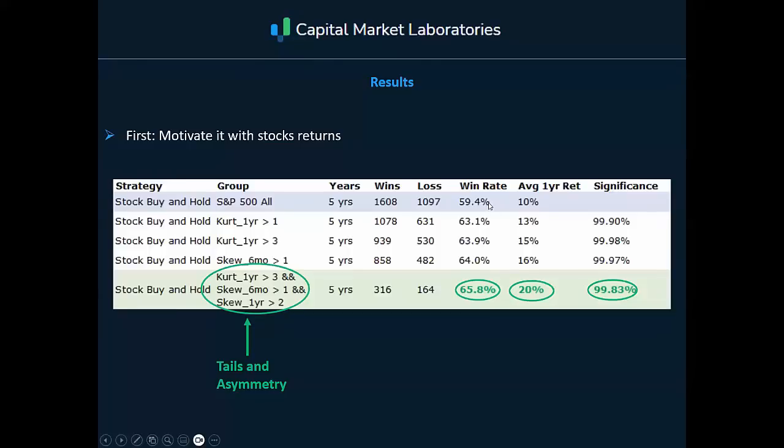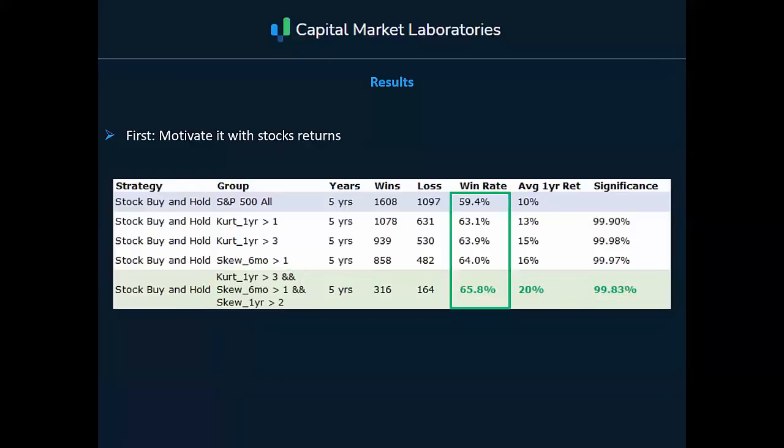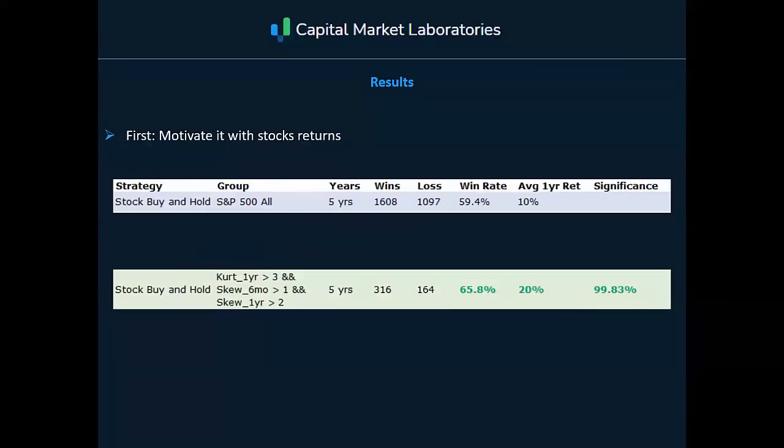The win rate went from 59% to 66%, and the average trade went from 10% to 20% with very strong statistical significance. So look, as we kept adding return distribution characteristics, the win rates went up and the returns went up. This is the net. So remember this.